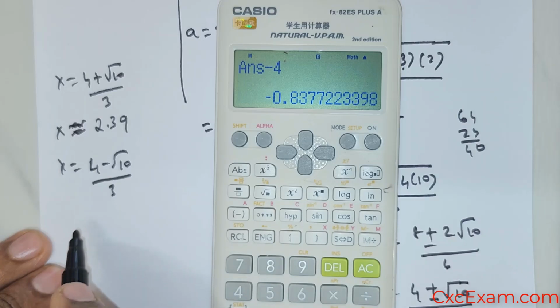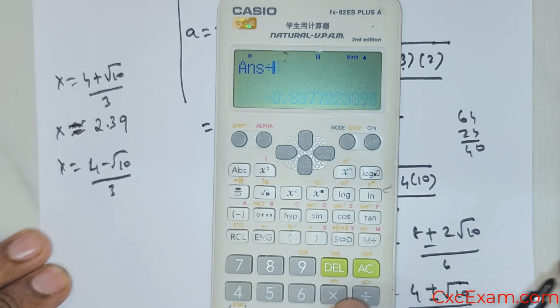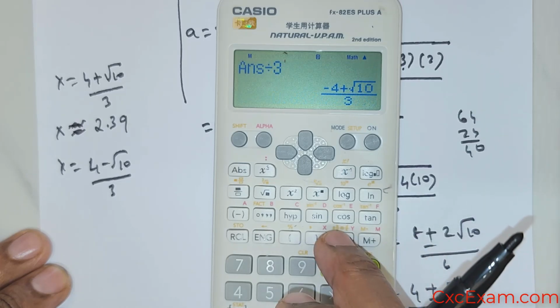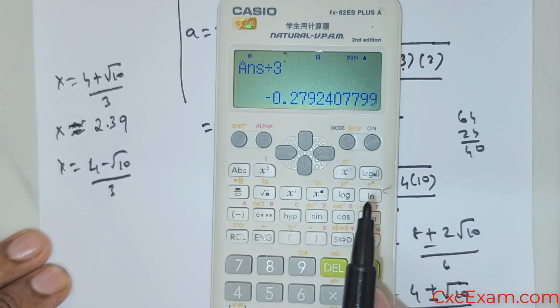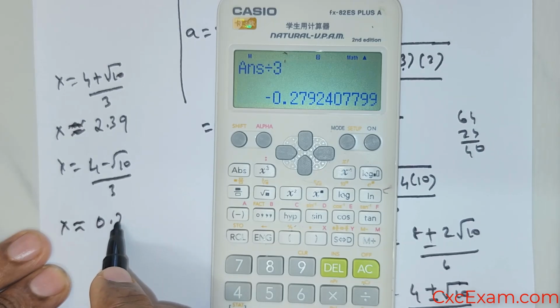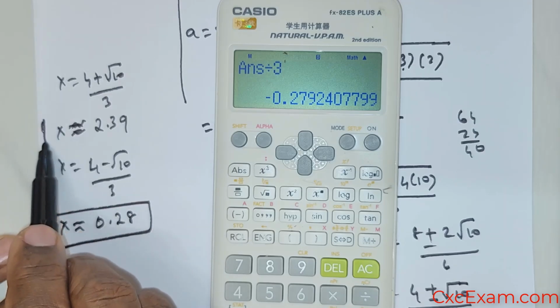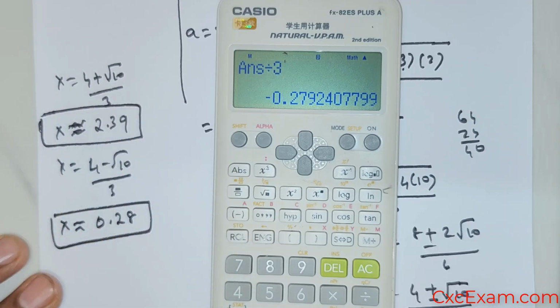This is nothing but 0.8377. I divide by 3, I get this value, but this is going to be a positive value, so x is approximately 0.28.